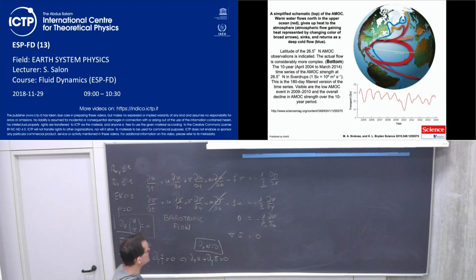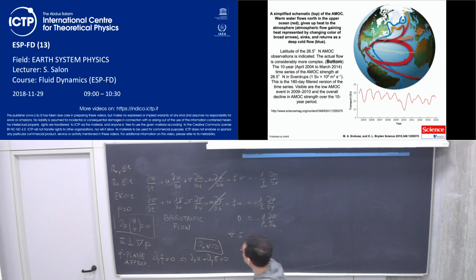The Taylor-Proudman theorem depends on the Rossby number being much smaller than 1, because that was the demonstration of the theorem. But we still want to consider a kind of flow which is without vertical shear.